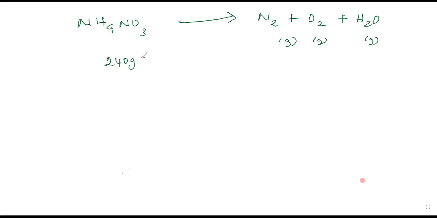First, once you write the equation, you have to balance the equation first. And look here, ammonium nitrate, NH4NO3. Oxygen should be 3, hydrogen should be 4, but here the hydrogen is 2. Nitrogen is 2, here nitrogen is 2, therefore I am giving 2 here.